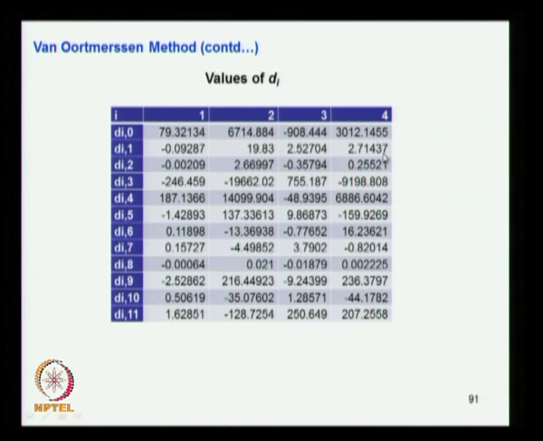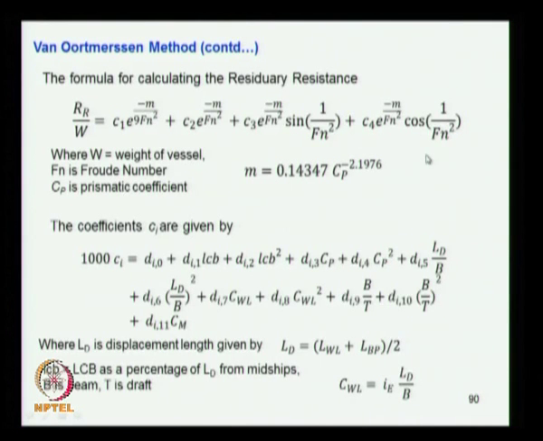Once you get all these parameters, use the coefficients which have already been prescribed by Van Oortmerssen based on the analysis. For i equal to 1, 2 and 3, you can see 1000 into Ci.